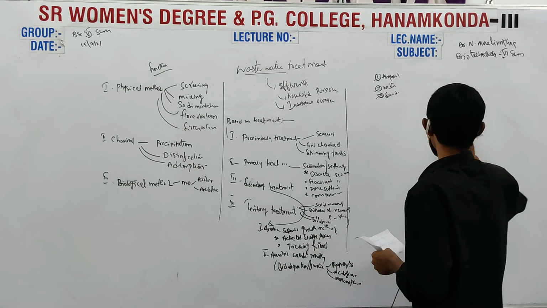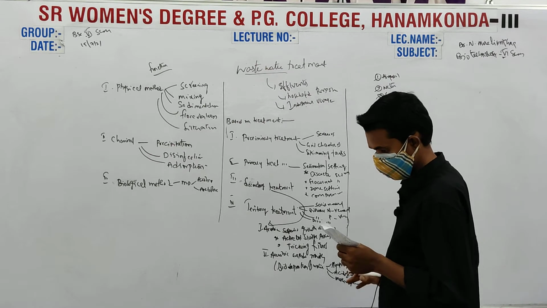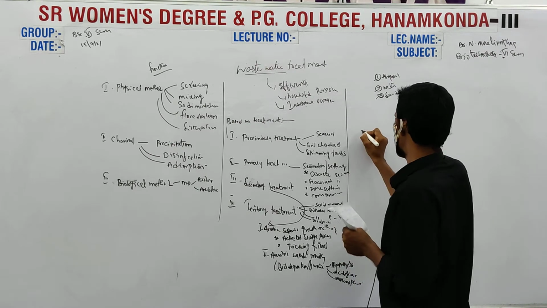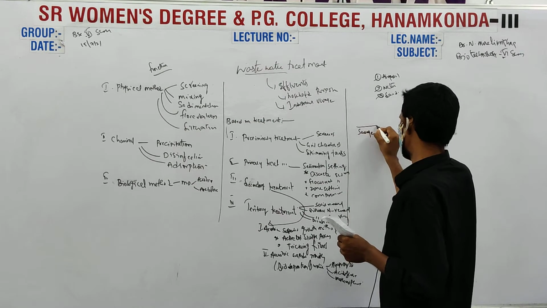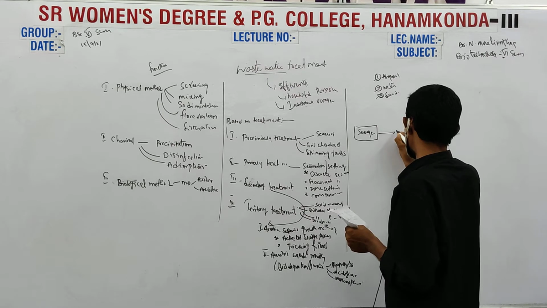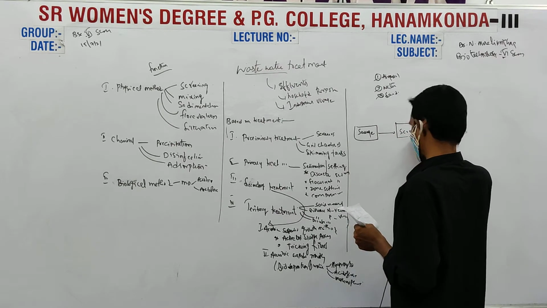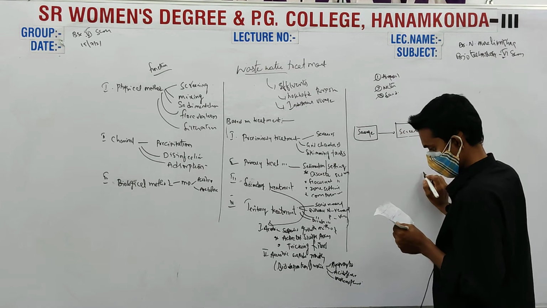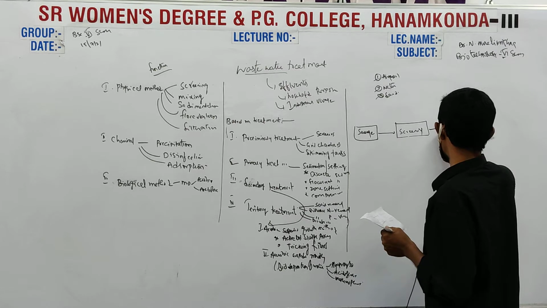If you see the diagrammatic representation of wastewater treatment, the sewage water first goes through screening. After that it is sent to grit chambers.